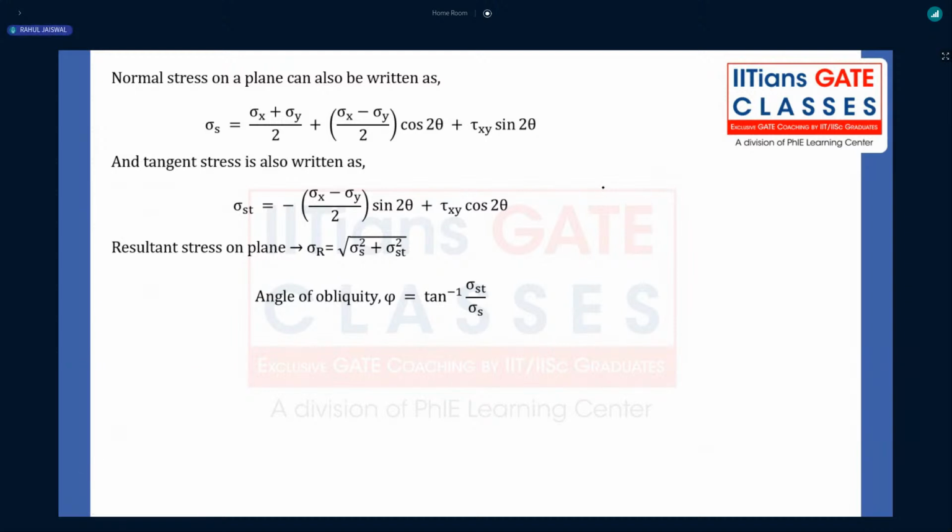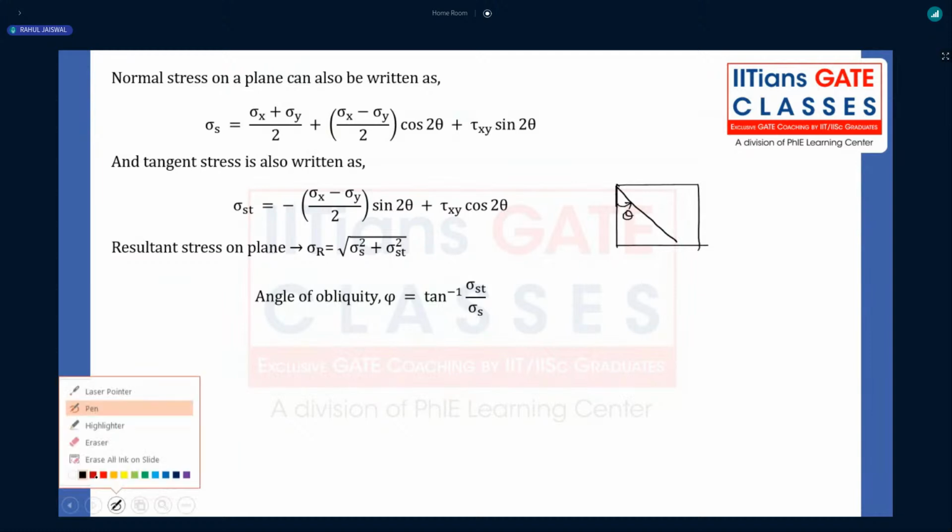So here, suppose the state of stress condition is like this. You have defined one plane which is inclined at an angle theta.